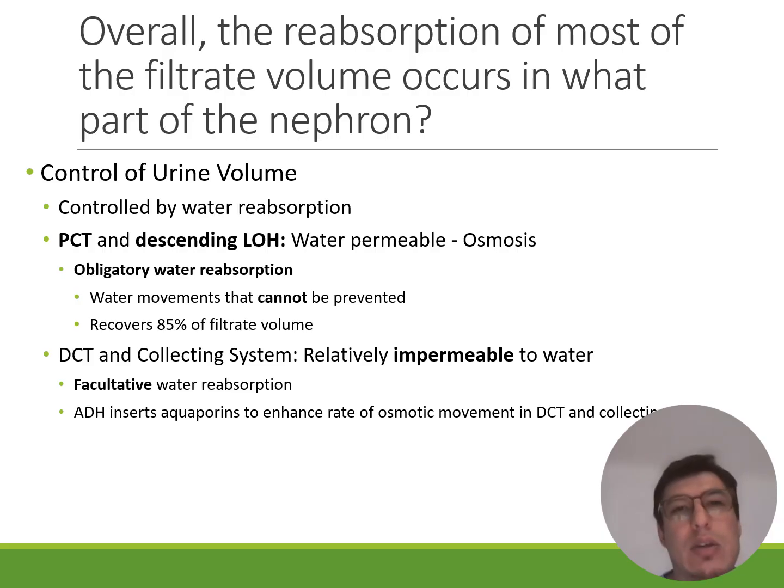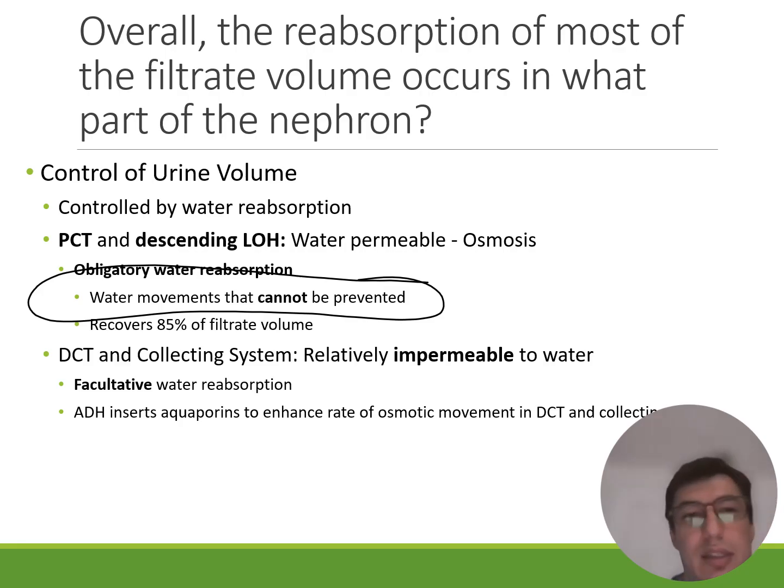Most of the water reabsorption happens in the descending limb of the loop of Henle, because we have a highly concentrated tissue around that descending limb from the ascending limb actively pumping out ions, and that is leading to that passive reabsorption of water. This cannot be prevented. It's obligatory reabsorption, and again, it's because your body is trying to follow osmotic gradients.